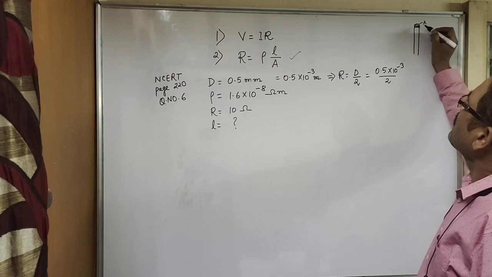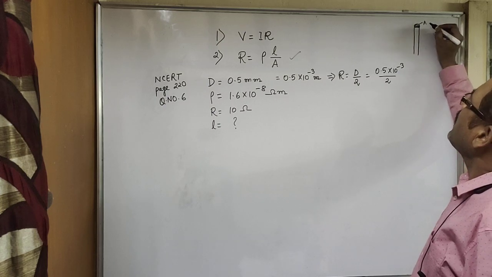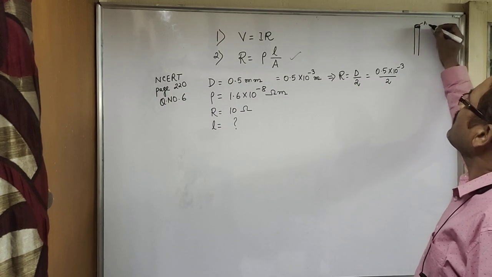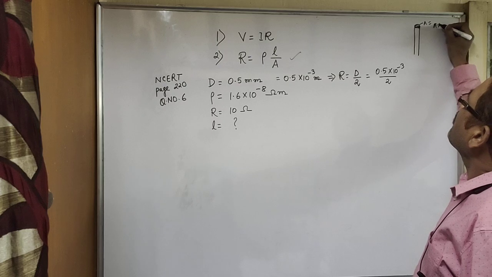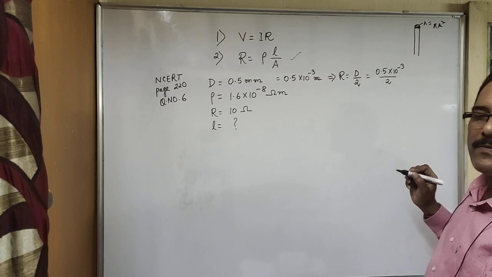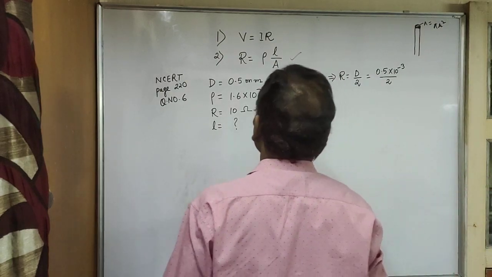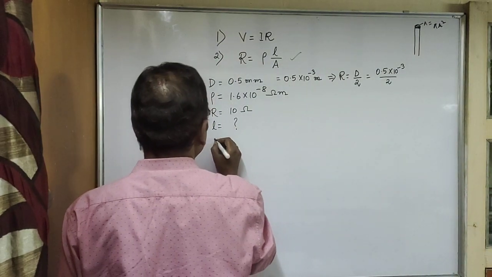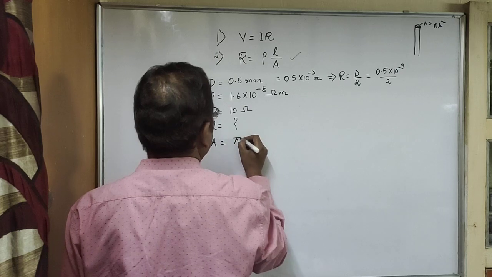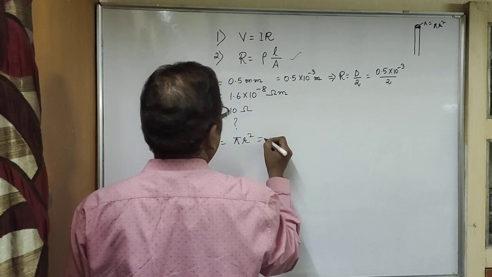So how to find out the area of this portion? It is circular, so area will be pi r square, because area of circle is pi r square. So area of cross section is pi r square.